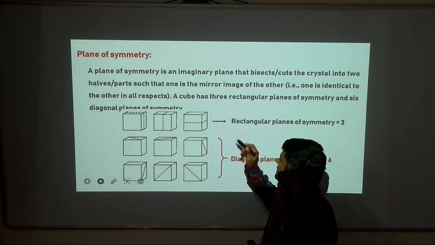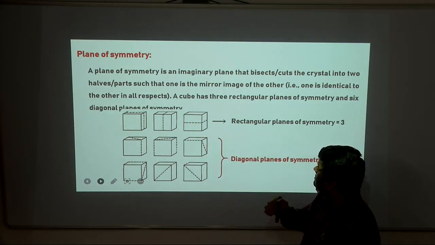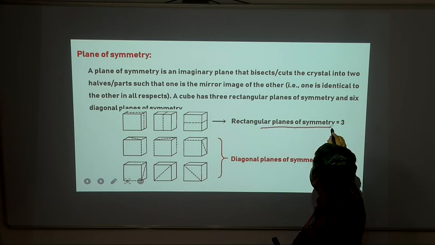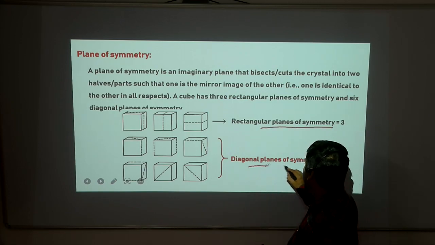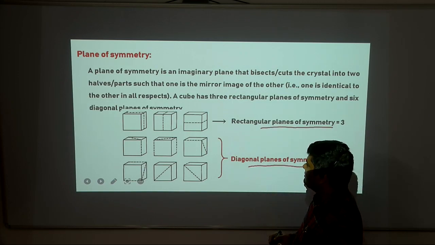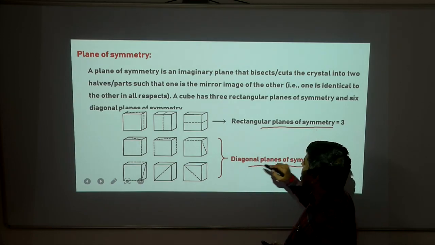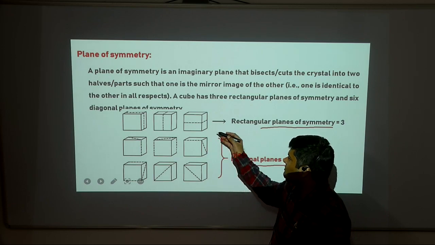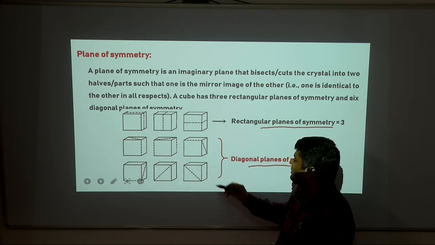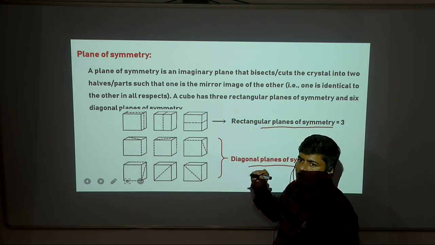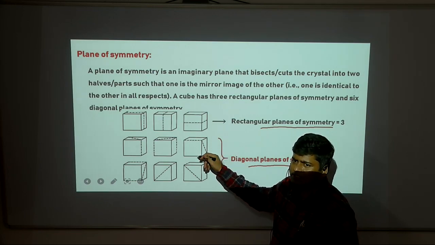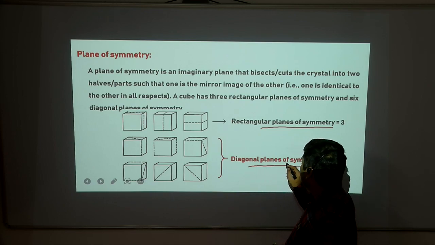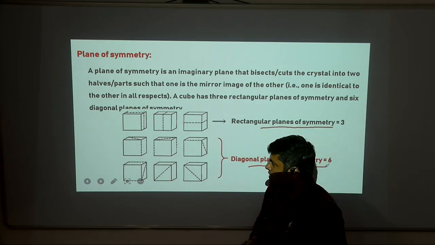Over here different types of planes of symmetry have been shown: the rectangular plane of symmetry is one type, and the diagonal plane of symmetry is another type. In the rectangular planes of symmetry, the cube is cut into rectangular shapes, that's why they are rectangular planes. Over here the planes are placed diagonally in the cubic crystal structure system, so that's why they are called diagonal planes of symmetry.